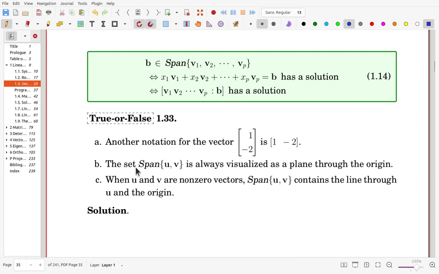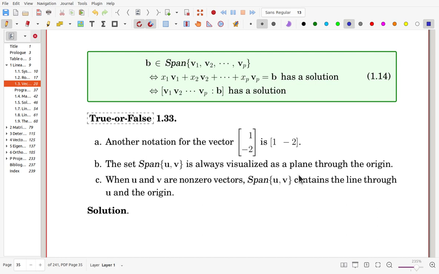The set span of U and V is always visualized as a plane through the origin. Is it true? If U and V have different directions and are non-zero, then it will make a plane. However, one of them can be 0, or U and V can be the same, then it can make a line.